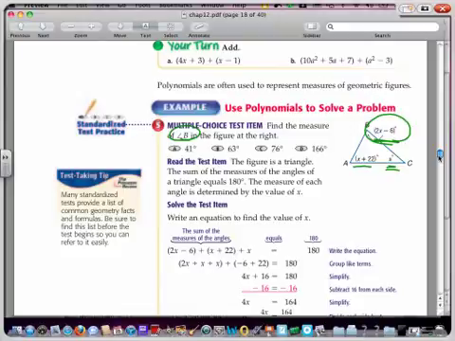What we do know is that in all triangles, the angles add up to 180 degrees. So if I add all three up, A, x plus 22, B, 2x minus 6, we'll put them in parentheses because they like to do that, and C, x. And putting terms together, x plus 2x plus x is 4x.